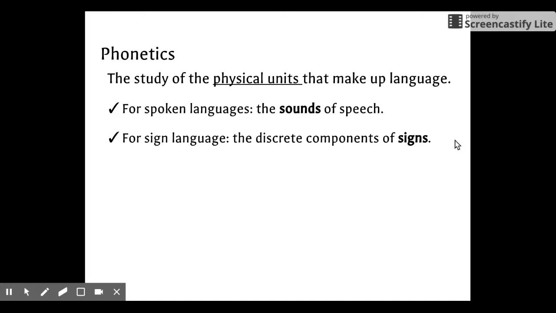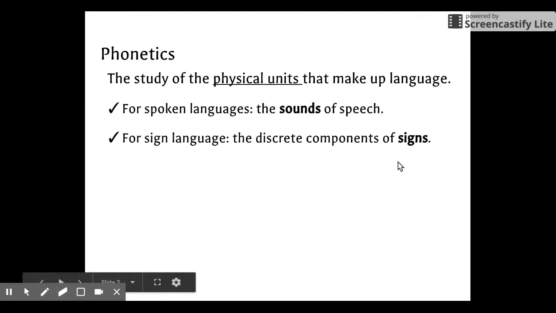In the broad sense, human language can be in two forms, spoken form or sign form. It means that for spoken language, phonetics is studying the sounds of speech, and for sign languages, phonetics is studying the discrete components of signs.